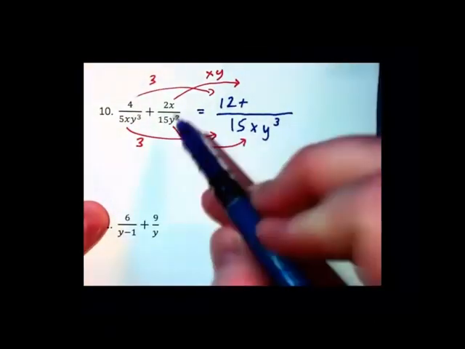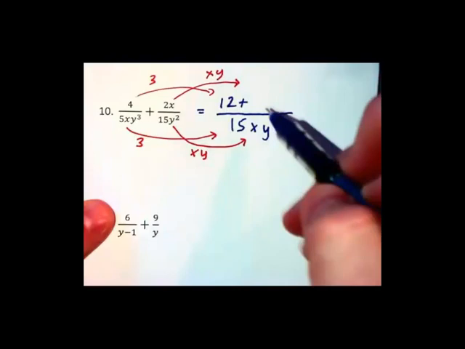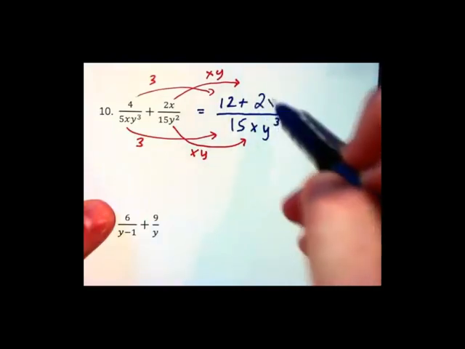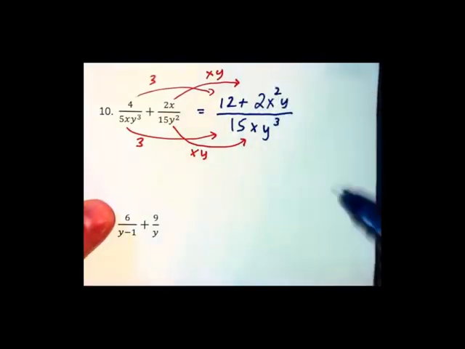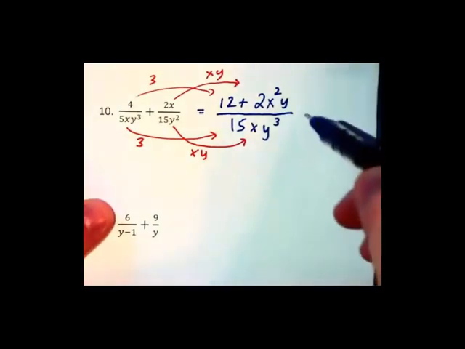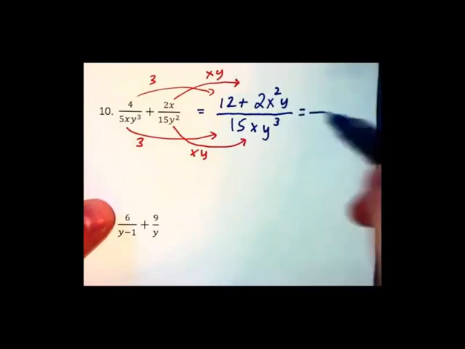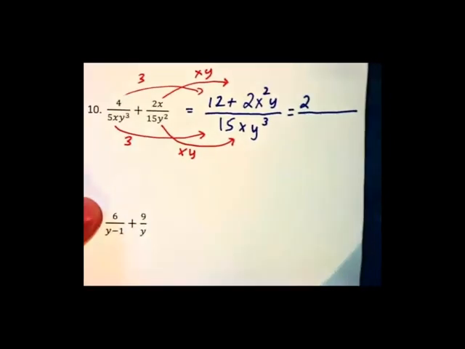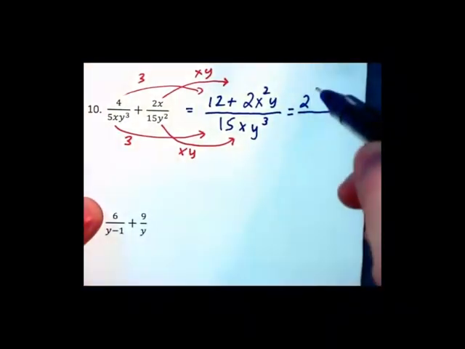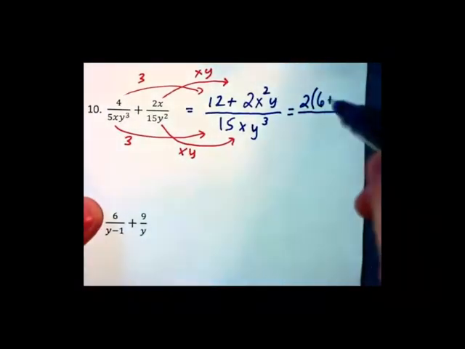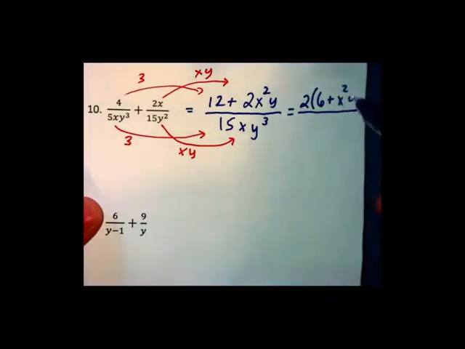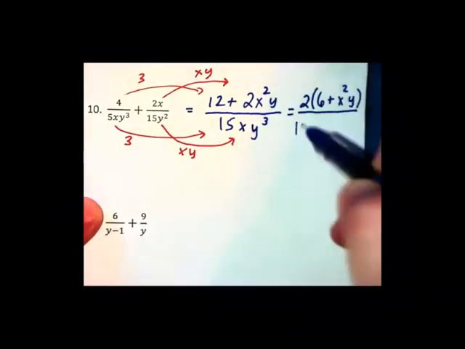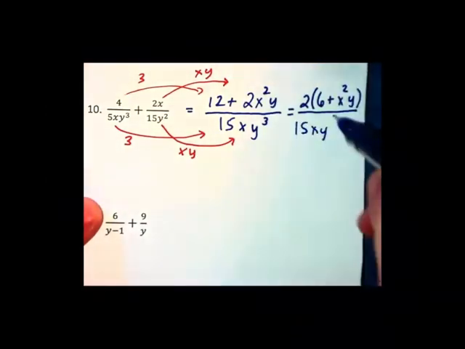And so 2x times xy gives us 2x squared y. Now you can leave your answer there if you have the foresight that it won't reduce, but technically you're supposed to at least mentally in your head ask whether you can factor out a 2. A 2 can divide out, leaving you with 6 plus x squared y over the 15xy cubed.